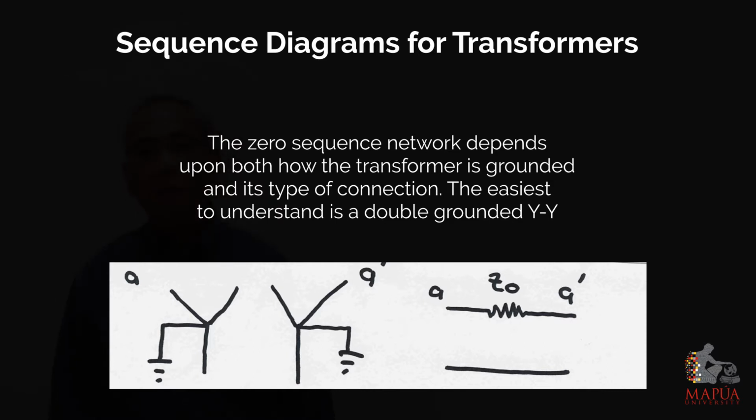So the equivalent network of that will just be a connection between A and A prime. Our Z0, the zero sequence impedance of that transformer, will be connected to terminal A and terminal A prime. Meaning there is a flow of zero sequence current from the primary to the secondary of the transformer.